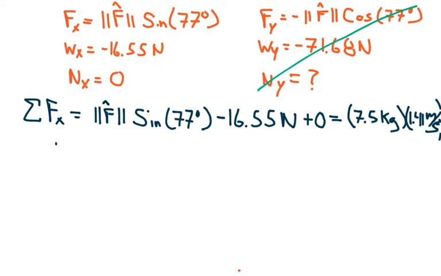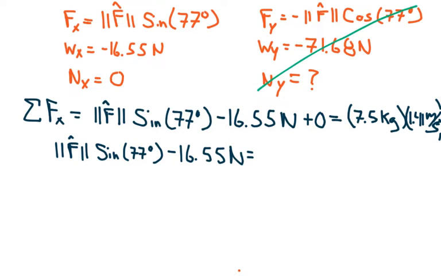Okay, so I'm going to go ahead and say magnitude of the force times sine of 77 degrees, minus 16.55 newtons plus 0, that's just minus 16.55 newtons is equal to the mass times that acceleration. So typing that into my calculator, I get approximately 10.575 newtons.